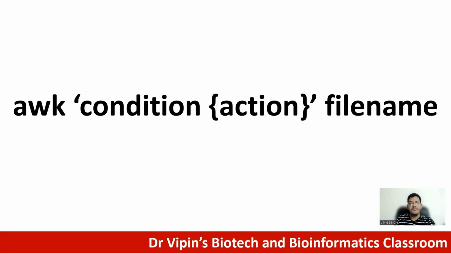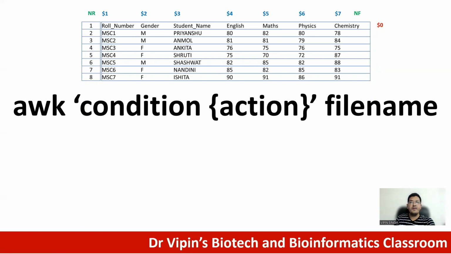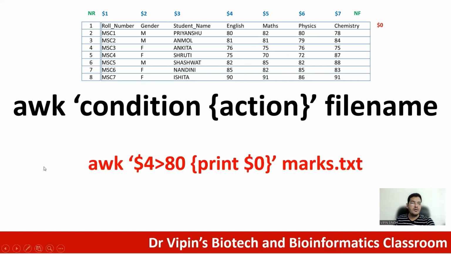So let's see an example for the syntax. So here is an example. Let's say you want to print all lines where the student has scored more than 80 marks in English. So the condition is $4 must be greater than 80. You say awk '$4 > 80'. This is your condition, which will be within the inverted commas, outside the curly brackets. Then in curly brackets, you write the action that you want to perform.